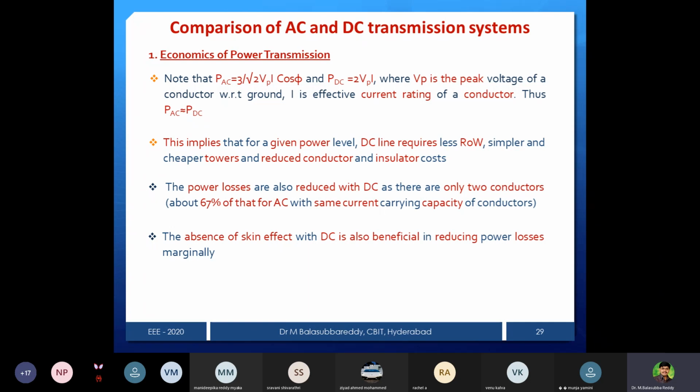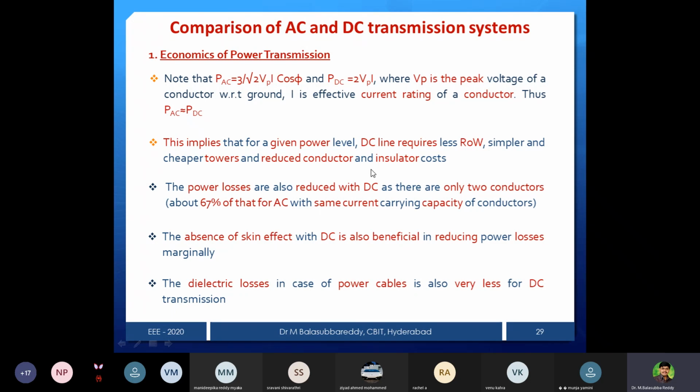I am comparing AC and DC under three major subheadings: economics, technical aspects and reliability. Now we come to economics. If power losses are marginally reduced, the cost will obviously reduce too, because if you are wasting power, that comes under the cost of generation also.